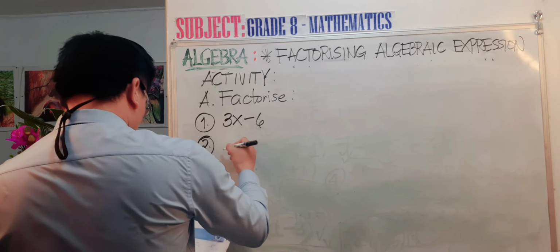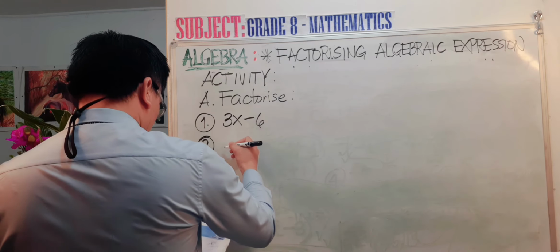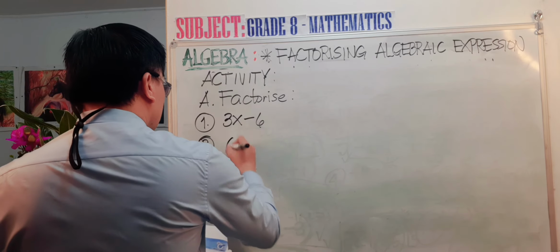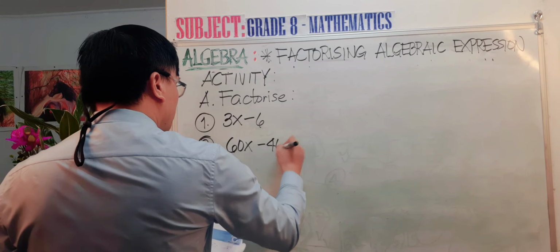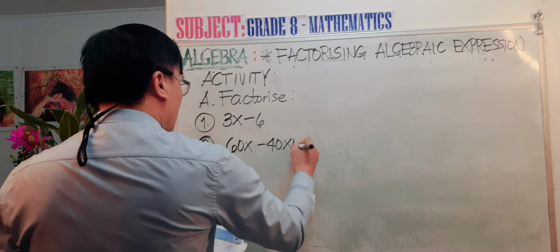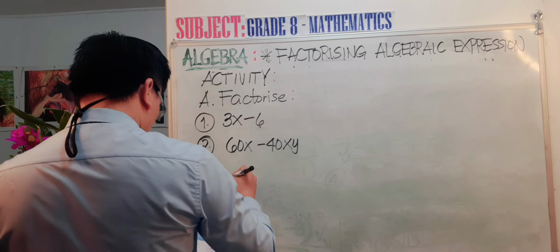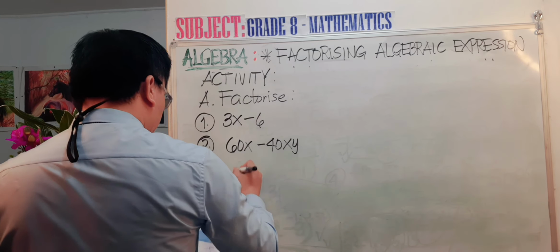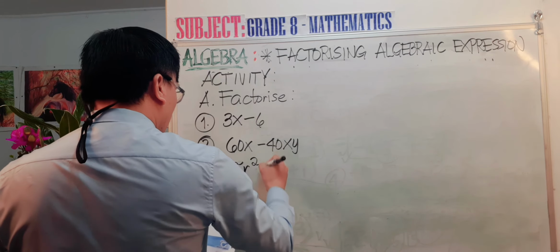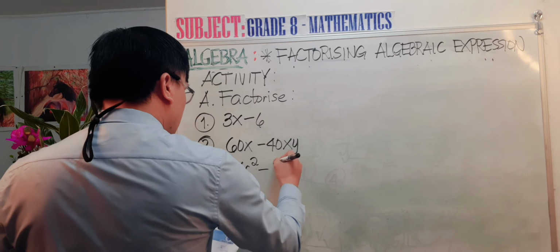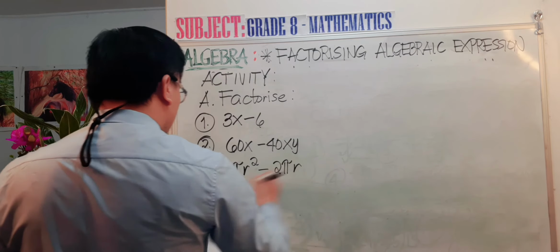Number 2, I'll have 60x minus 40xy. Number 3, pi r square minus 2 pi r.